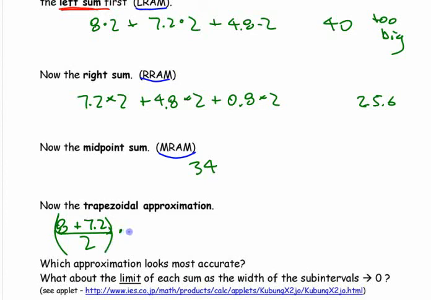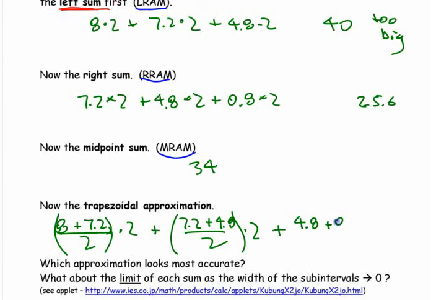Times the width, which is times 2. It just so happens that these match up, so let's not cancel them out right now. That's just a coincidence. Plus 7.2 plus, what was the other side? 4.8. Divide by 2 times 2 plus 4.8 plus 0.8. Divide by 2 times 2.